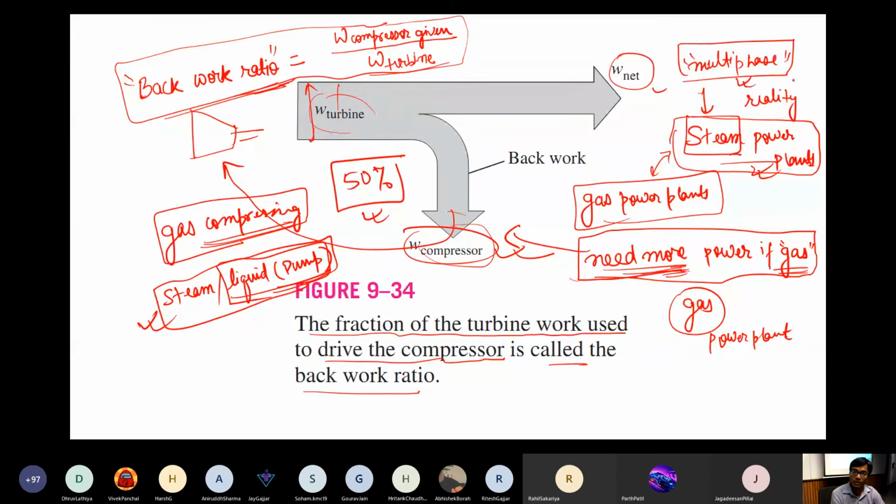So we'll talk about the steam power plant in the next chapter, which is based on the Rankine cycle. We'll talk about it in detail.